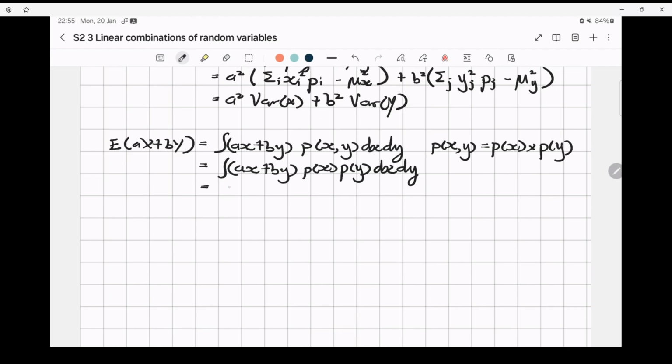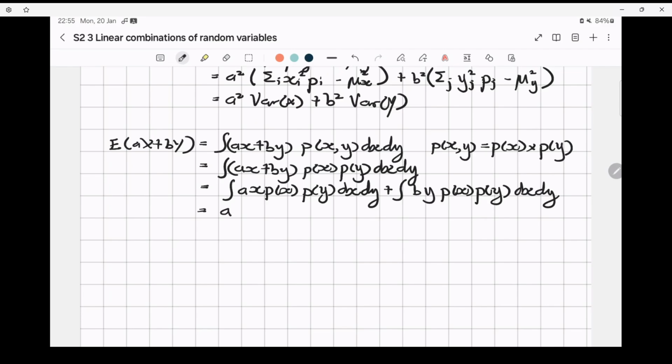Then you just expand, so you have integral of ax px py dx dy plus integrating by px py dx dy. So you can factor out the a, and then for each of the integrations, you integrate according to the variables. For example, x px dx, and then integrating py dy.